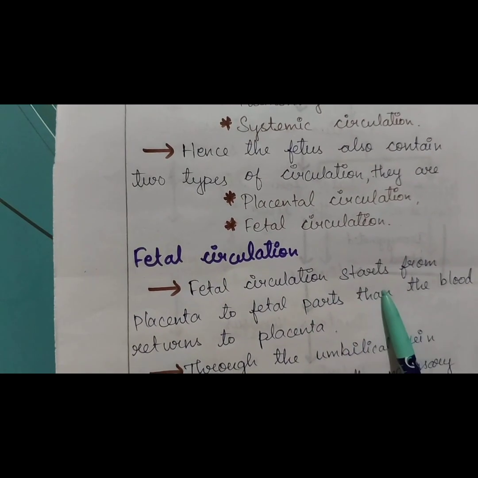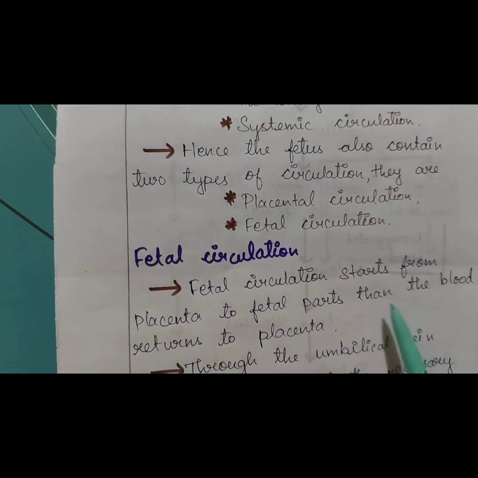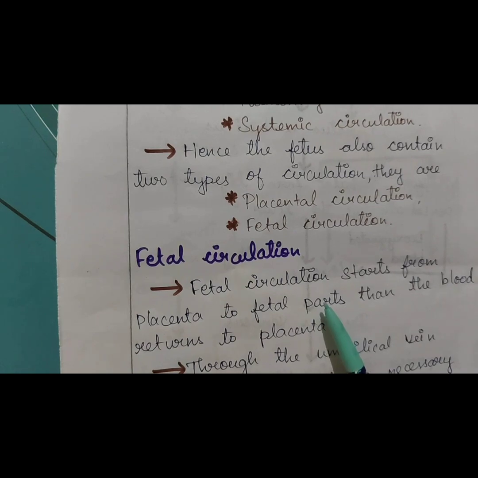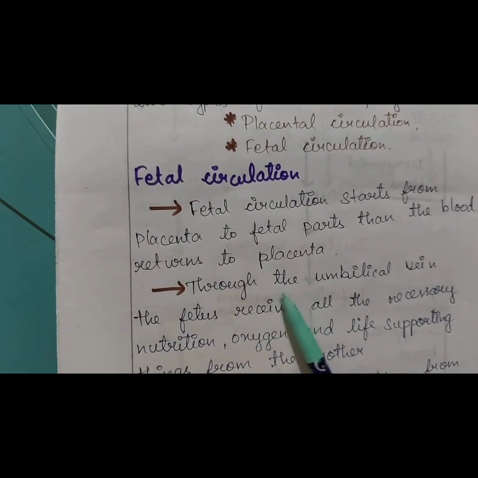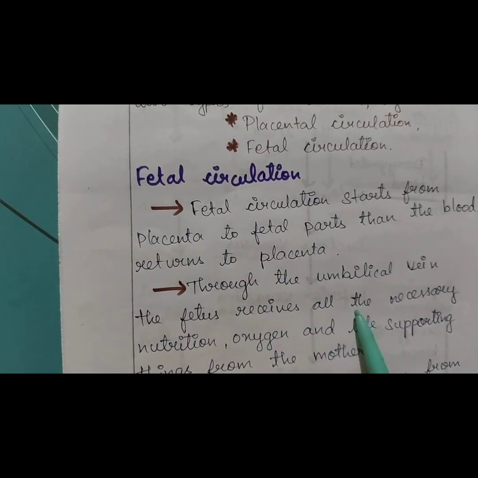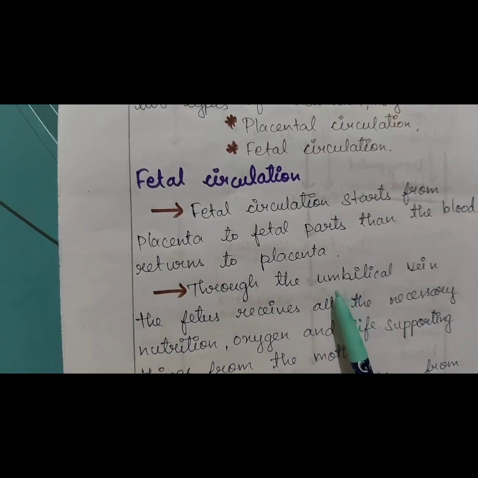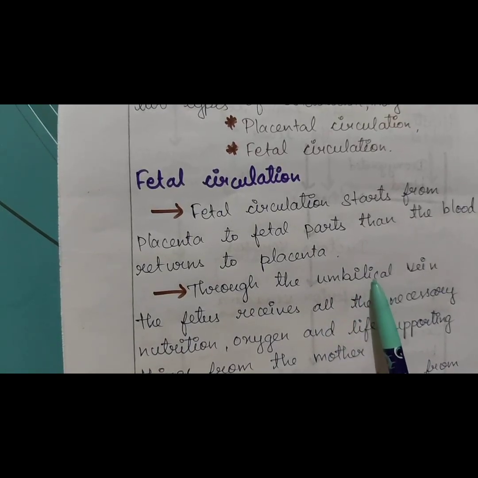Fetal circulation starts from the placenta to the fetal parts, then the blood returns to the placenta. Fetal circulation means the circulation occurs from the placenta to the fetus, and fetus to placenta. Through the umbilical vein, the fetus receives all the necessary nutrition, oxygen and life supporting things from the mother.